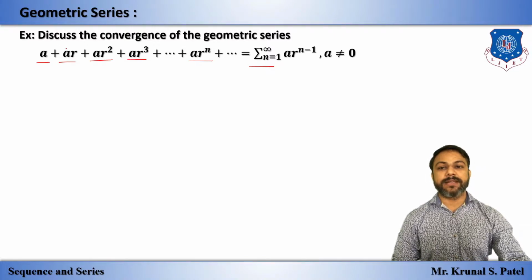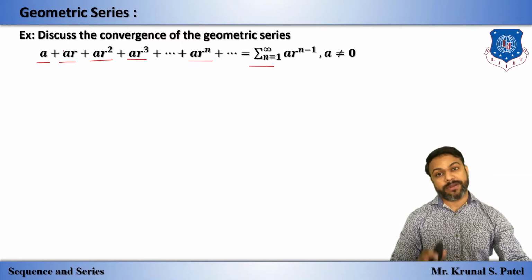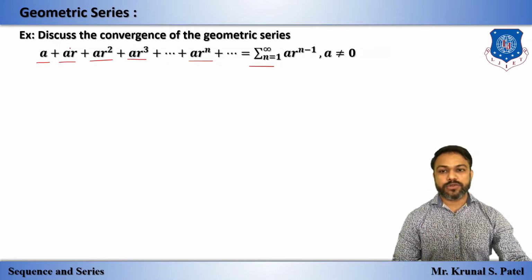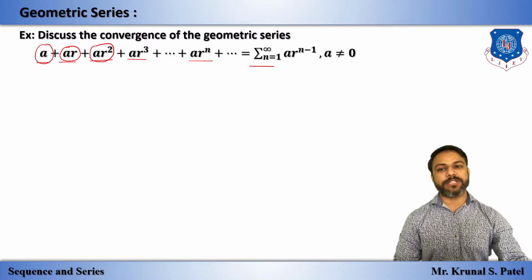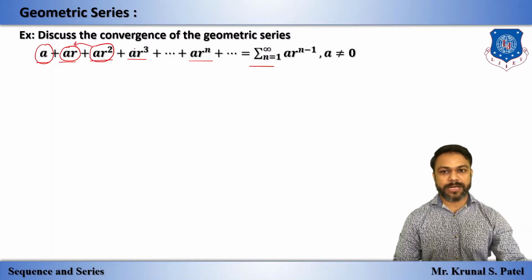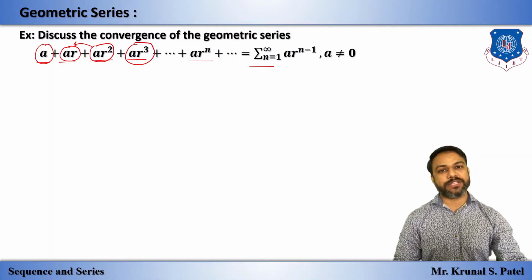Here you can see the common ratio, which we studied in 12th standard: a term divided by its previous term. So ar divided by a gives r. ar^2 divided by its previous term is also r. ar^3 divided by ar^2 is also r, and so on.